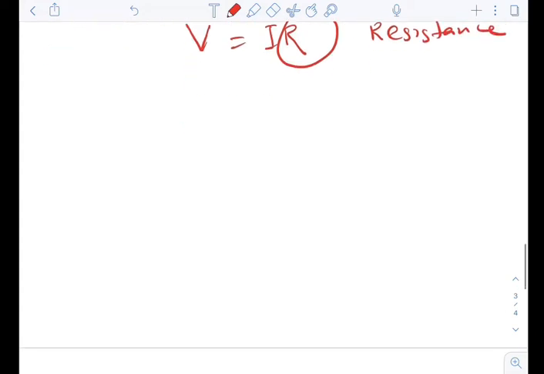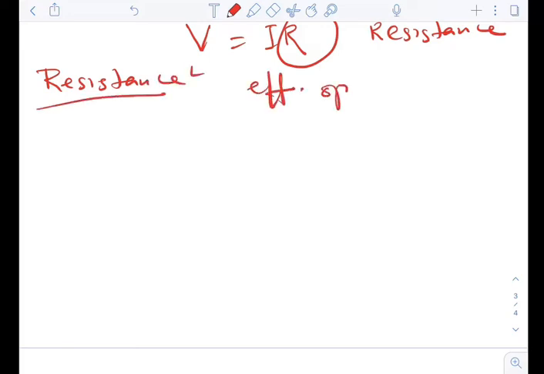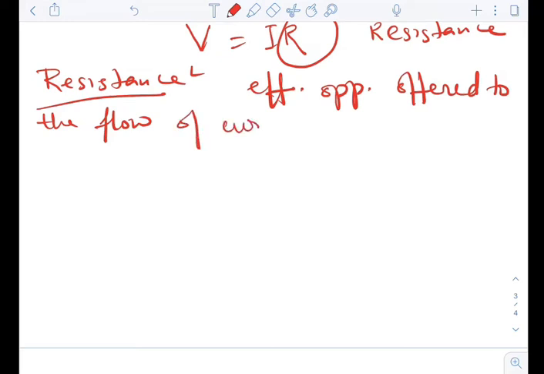Now resistance is the effective opposition offered to the flow of current through a conductor.